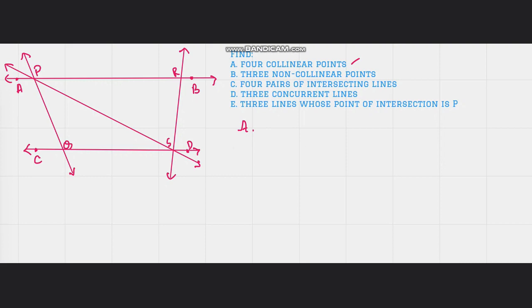We can think of the 4 points A, P, R, B or C, Q, S, D. You can write this set, or you can write the other set, A, P, R and B. Clear?